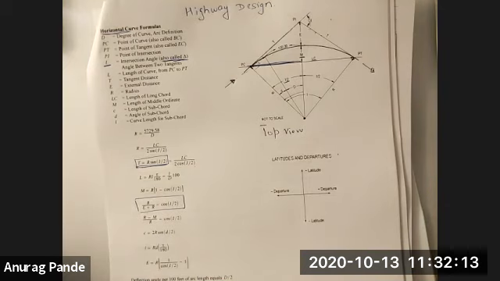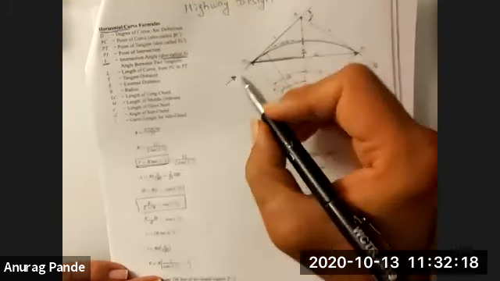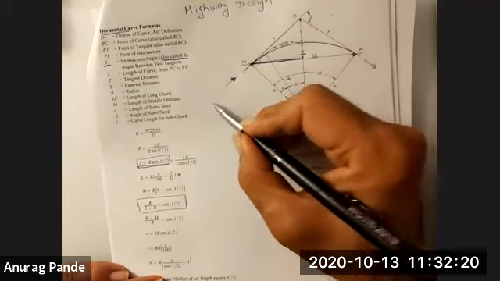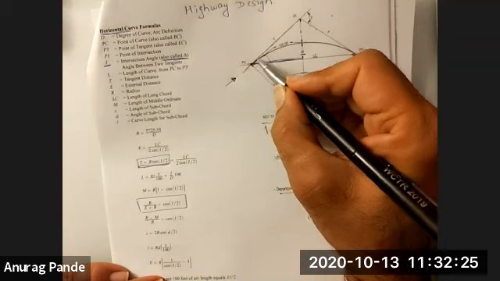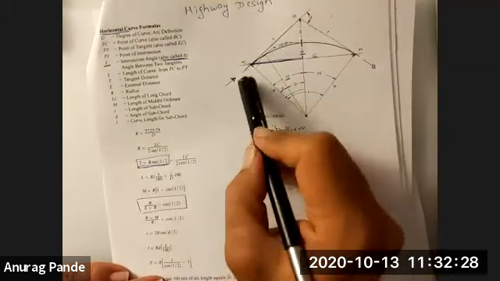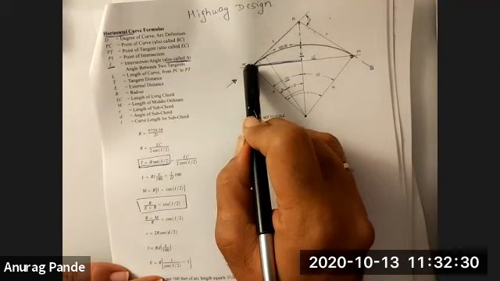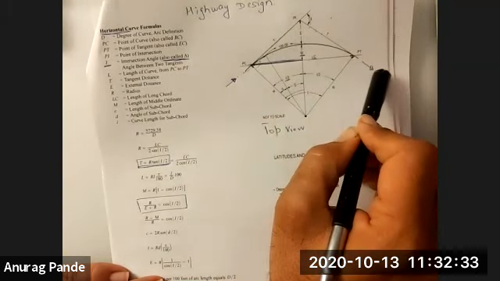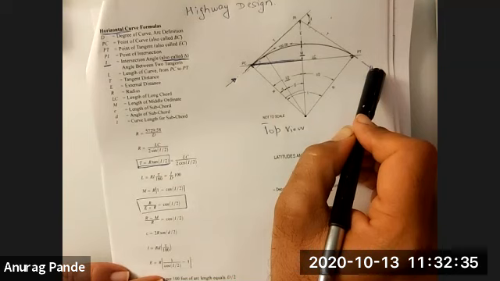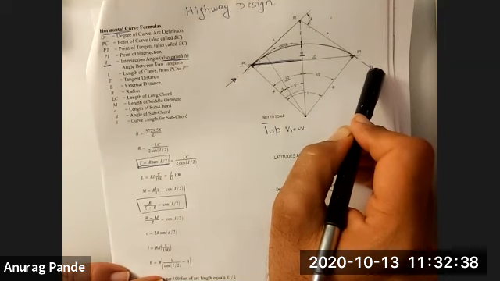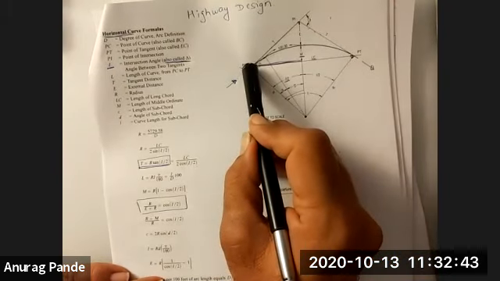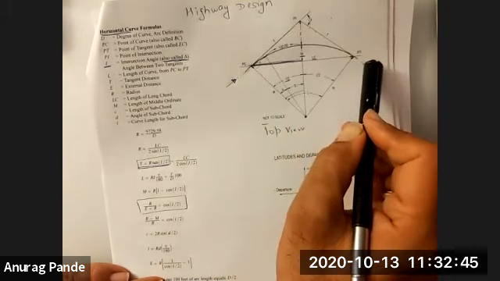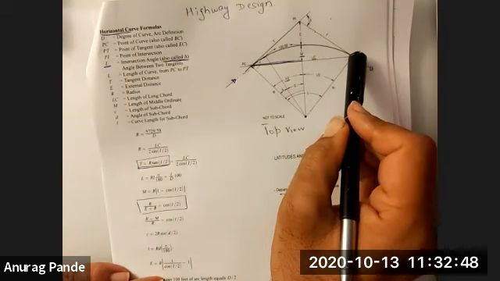If you have drivers traveling in their vehicles going this way, trying to turn from here, as they approach this PC point, they need to be able to see around the bend what's going on, if there is some object here that might cause problems for them. So it's very important for drivers, as they approach this point on the curve, to be able to see around the bend to see if there is any potential problem.